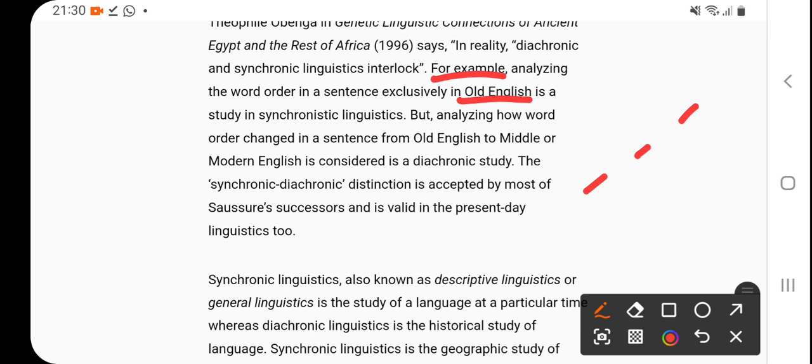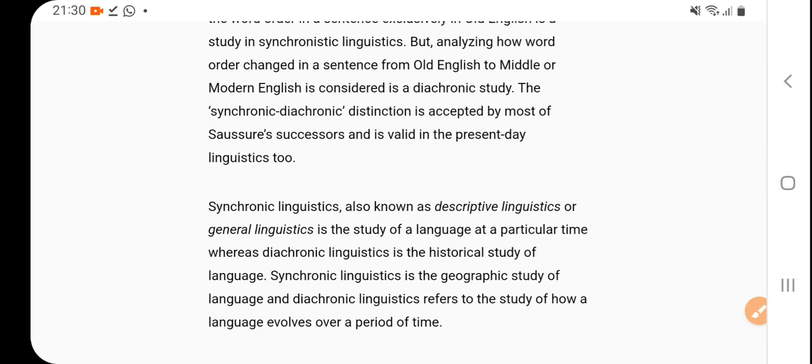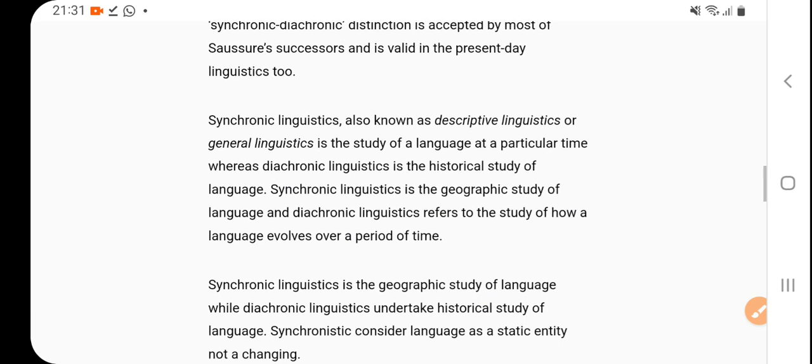But analyzing how word order changed in a sentence from Old English to Middle English or Modern English, that study is called diachronic, because here we are studying old to present day language, Old English to present Modern English.